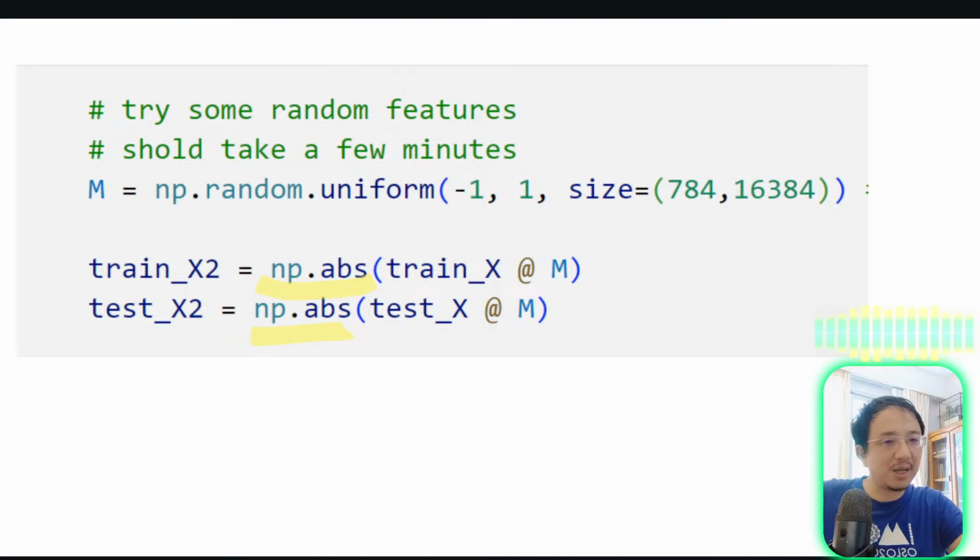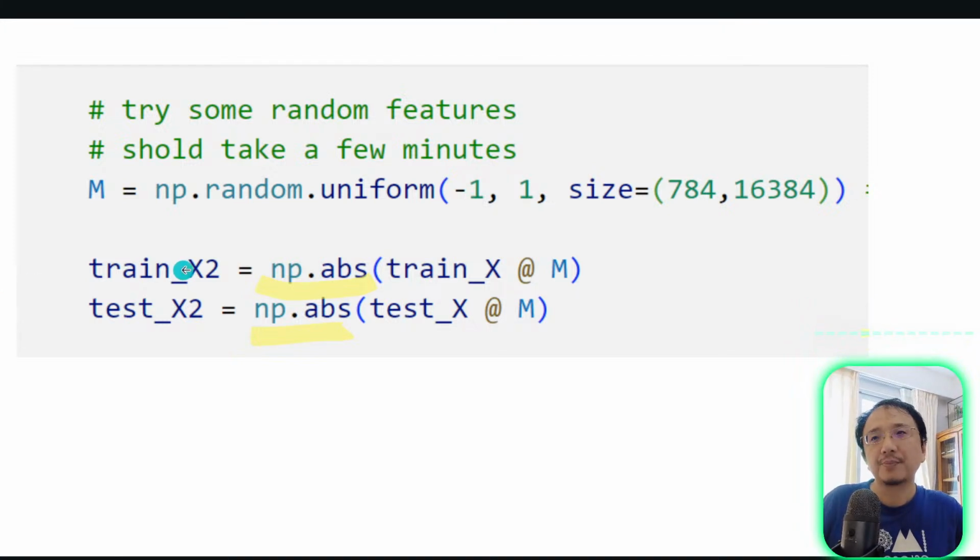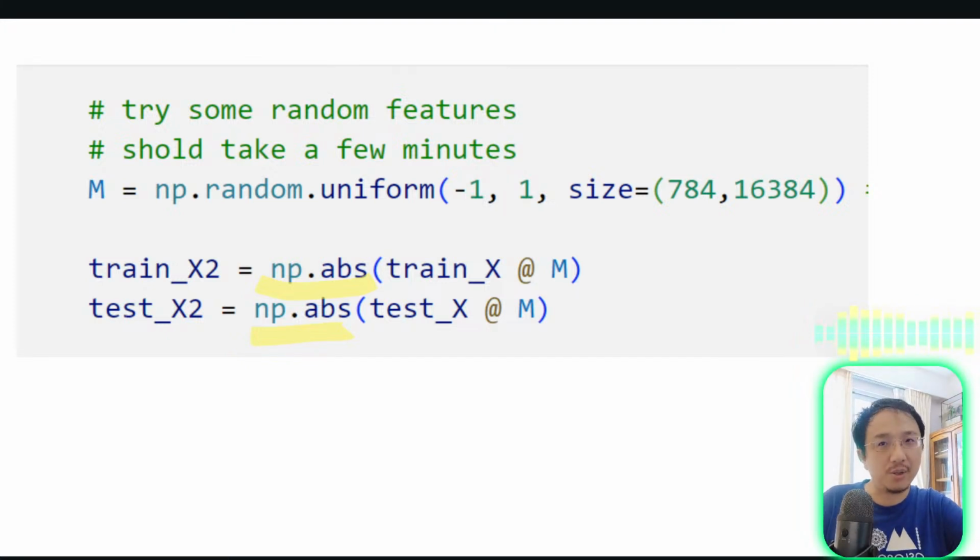People use those kinds of visual features for digit or image recognition. But right now, we are doing something really, really simple. We're trying some random features.